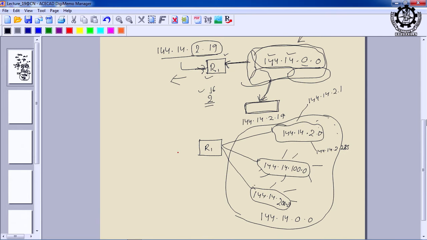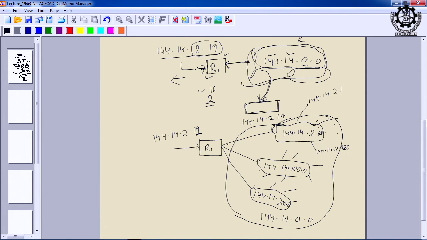So, when the datagram comes here with the IP 144.14.2.19, the router checks whether this belongs to any of the subnets or not, and the subnetwork is, let us say, this one, 2.0. So, identifying this host number 19 out of this subnet is definitely easier than finding the same host in the bigger network, and less time consuming.